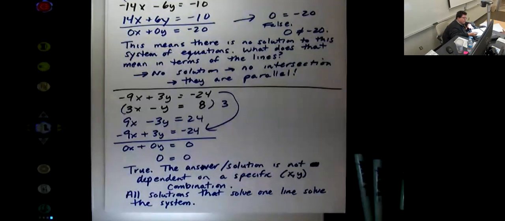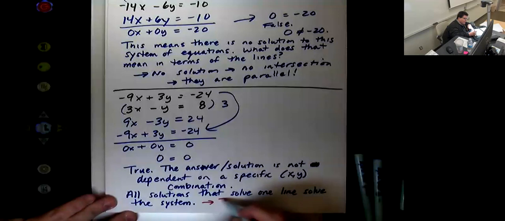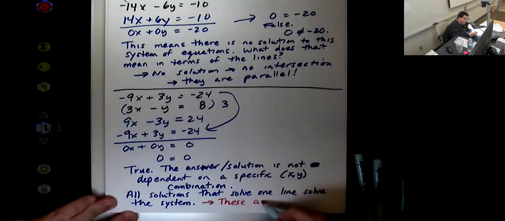The way this comes about is these are the same line. If you graphed it, it would be a perfect overlap.